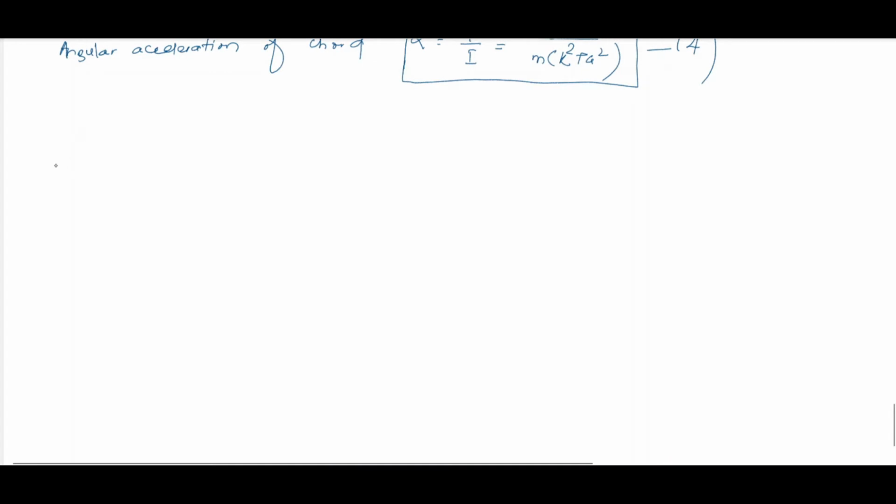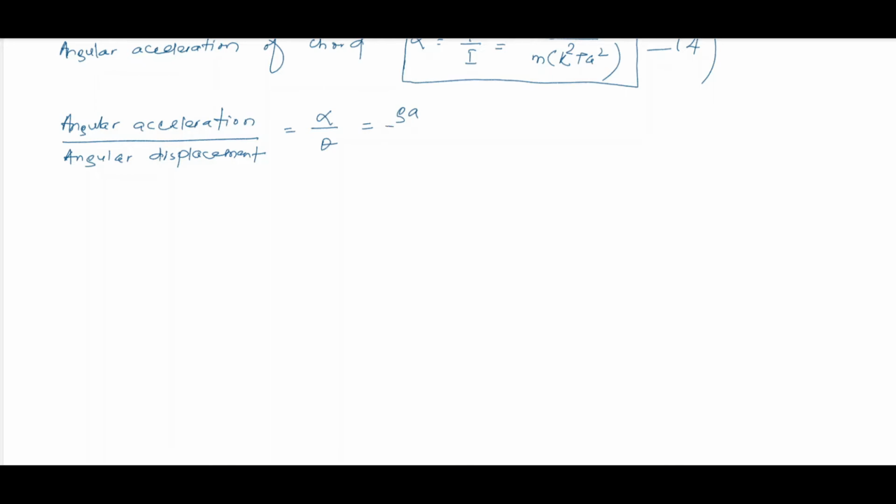So now the ratio of angular acceleration divided by angular displacement, that is alpha by theta, can be represented as ga divided by k square plus a square. This is a constant.